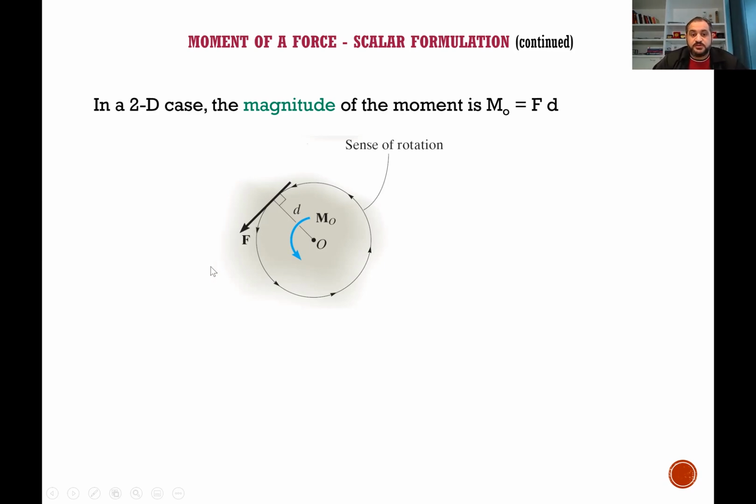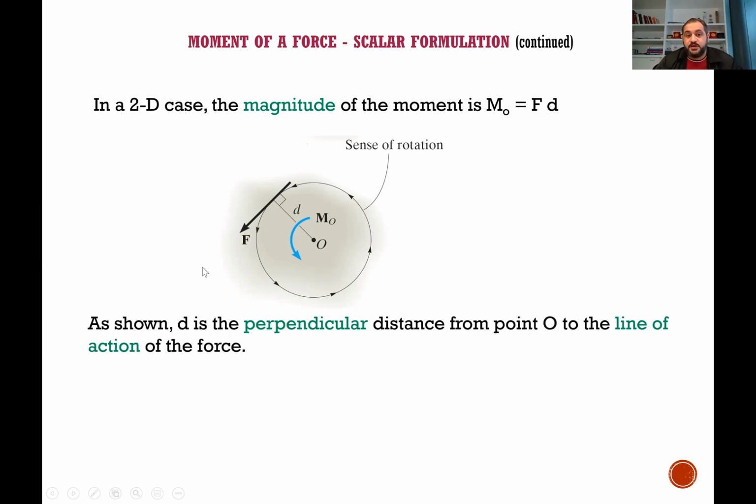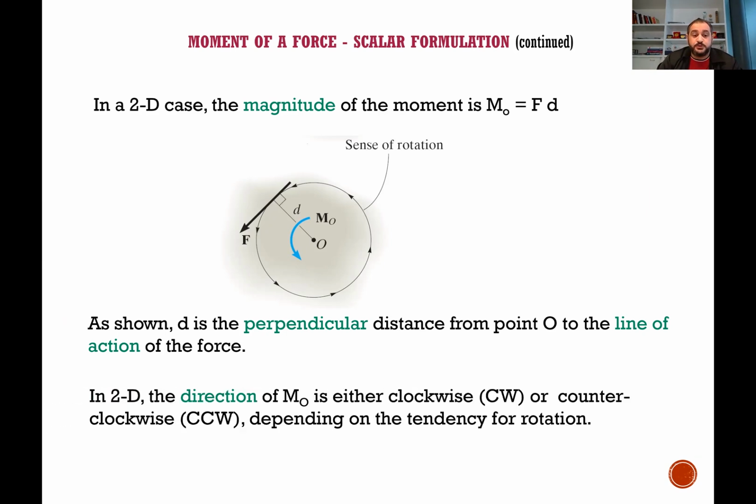Of course, depending on the direction of that force, the moment will also gain a certain direction. As shown in this example, D is the perpendicular distance from point O to the line of action of the force. And in 2D, the direction of moment about point O is either clockwise or counterclockwise, depending on the tendency of rotation, as I mentioned.